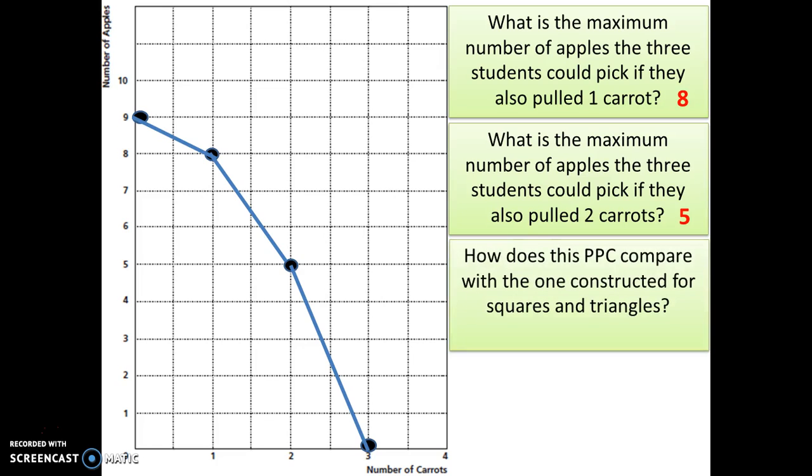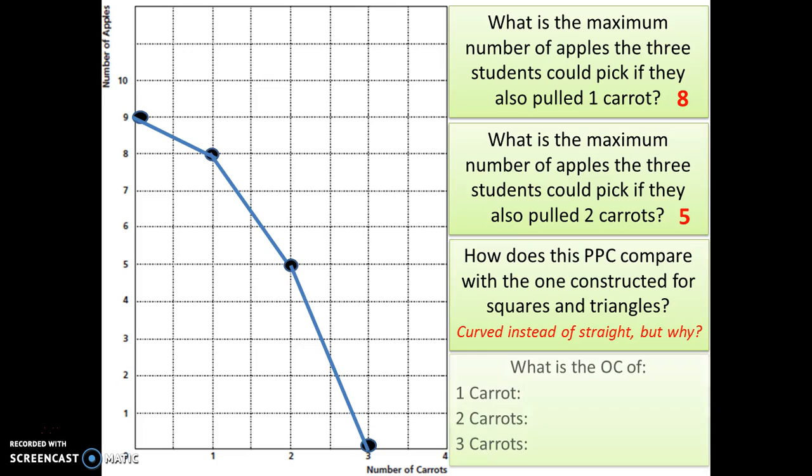We compared this one with the one we did yesterday with the squares and triangles, and this one is curved instead of straight. But why? Well, we have to look at the opportunity cost. Here we have an increasing opportunity cost, whereas in the past we had a constant opportunity cost of 2 triangles per square. But here, in order to get 1 carrot, we give up 1 apple. To get a second carrot, we have to give up 3 apples.